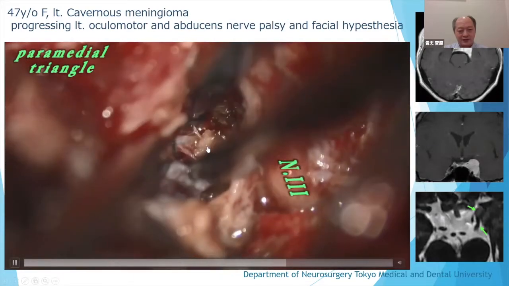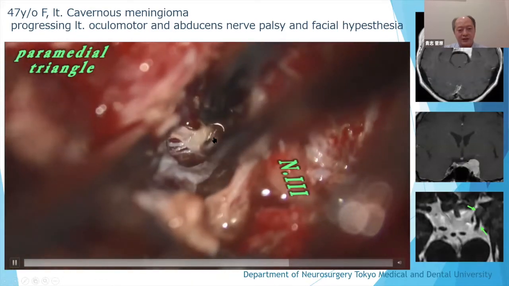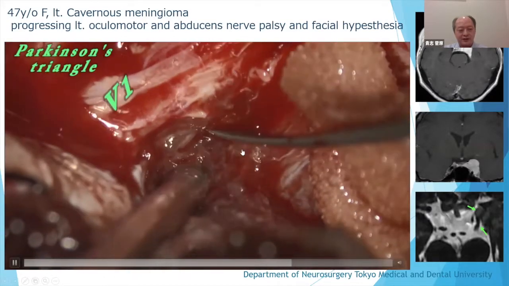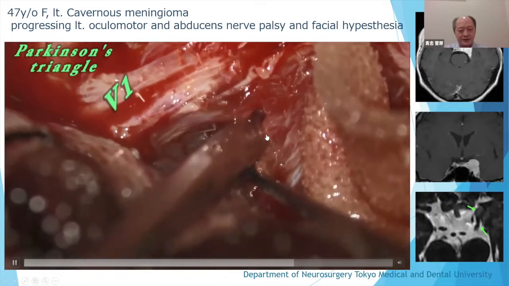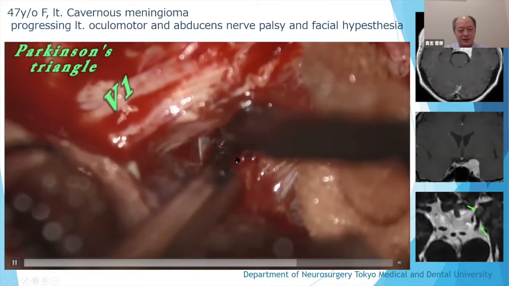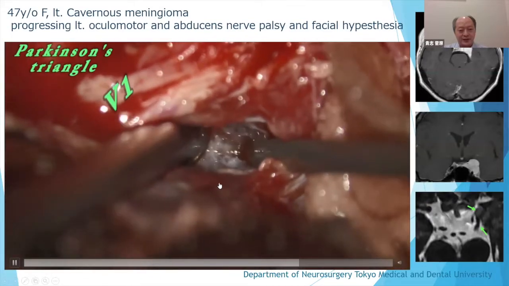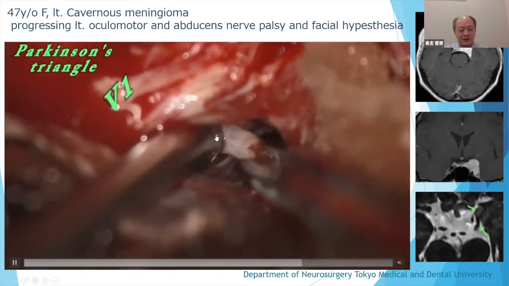Here, you can see the posterior fossa. This is inside of the cavernous sinus, and I went to the Parkinson's triangle and removed the tumor. I checked maybe C4 here, and then I have to take care about the sixth nerve.